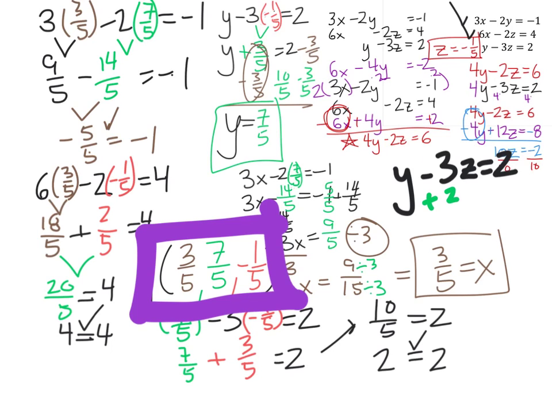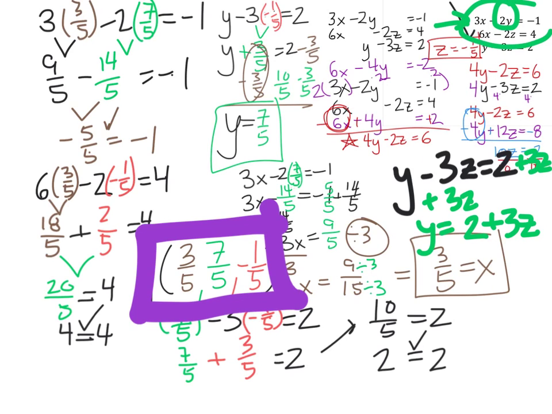So what I mean by that is you could add 3z to both sides, and then right away you would know that y equals 2 plus 3z, which then you would replace that y in this equation, which would then give you an equation with x's and z's only, and then you could use the method of elimination using these two equations. If that doesn't make any sense, that's okay. We've already done it using the method we have. But if it does make sense and it's easier for you, I recommend you using that because it's good for you.